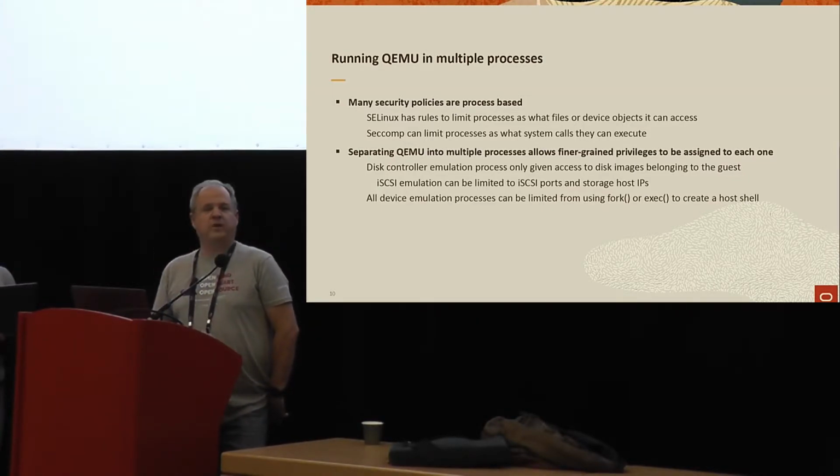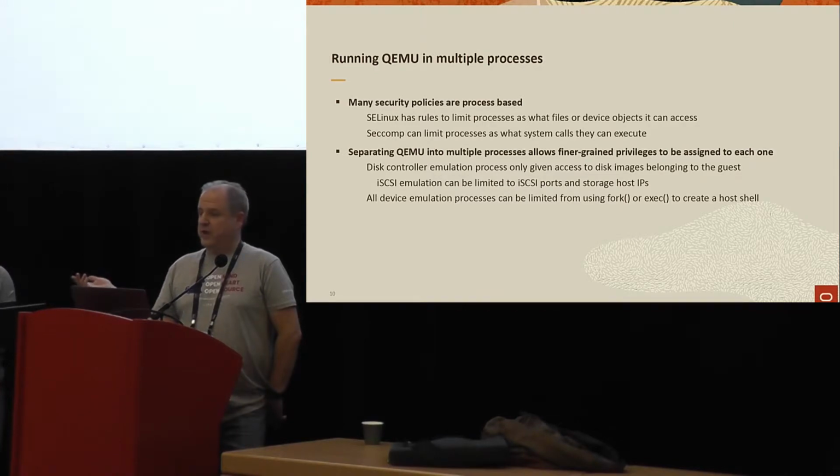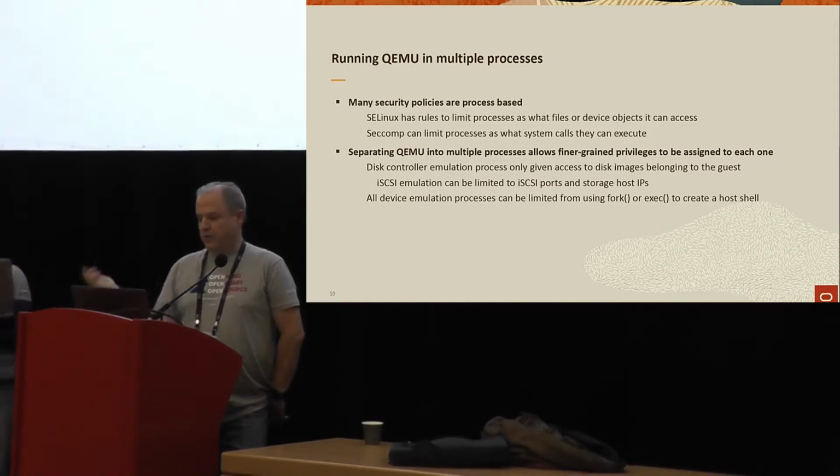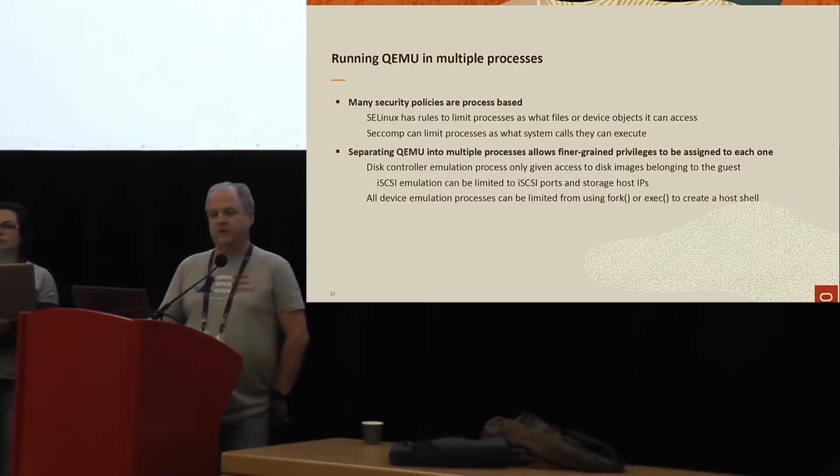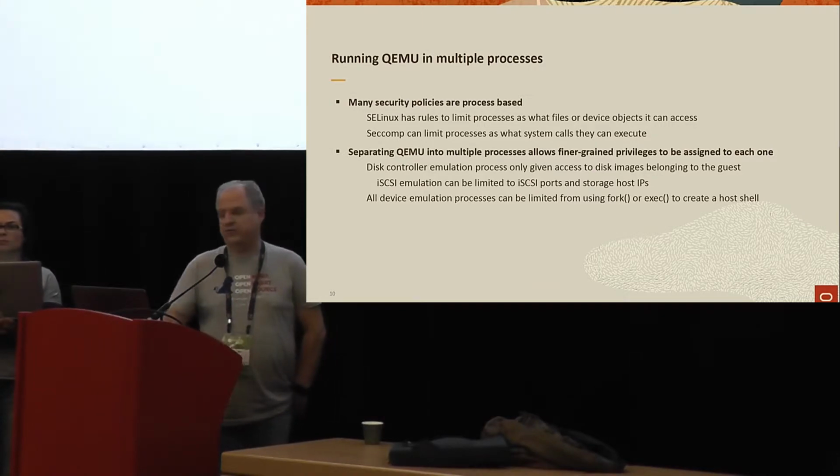So what we can do here by running QEMU in multiple processes is apply finer-grained privileges to each process. For example, if you've got a disk controller, you can only give it access to the disk images that belong to that guest. And even if you're using network storage, something like iSCSI, you can actually use SELinux to keep that process from binding any port except the iSCSI port, or from connecting to any storage IPs except for the ones that are used as storage hosts.